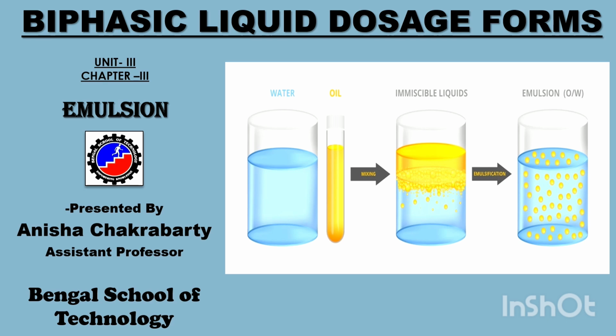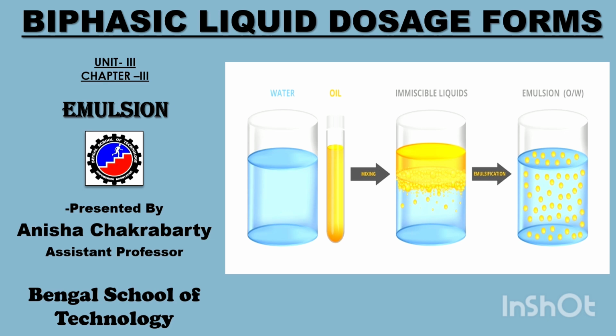Emulsion and suspension are examples of biphasic liquid dosage form, where emulsion contains two naturally immiscible liquids such as water and oil mixed together and stabilized with the help of another third ingredient called emulsifying agent or emulsifier, while suspension contains an immiscible solid along with another immiscible solid, liquid or gas inside their formulation.